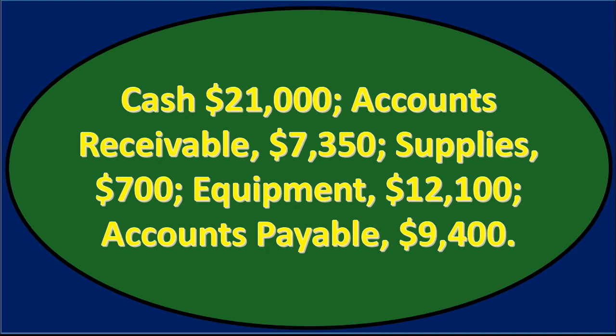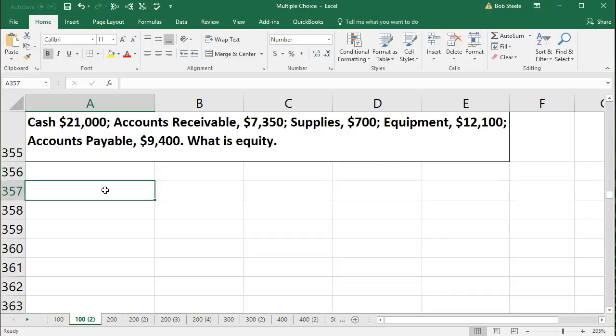Next problem. Cash, 21,000. Accounts receivable, 7,350. Supplies, 700. Equipment, 12,100. And accounts payable, 9,400. We need then to solve for equity. Once again, we'll write down the accounting equation. Assets are going to be equal to liabilities plus the equity. And we're just going to now list the accounts in the right category, cash being an asset, 21,000.